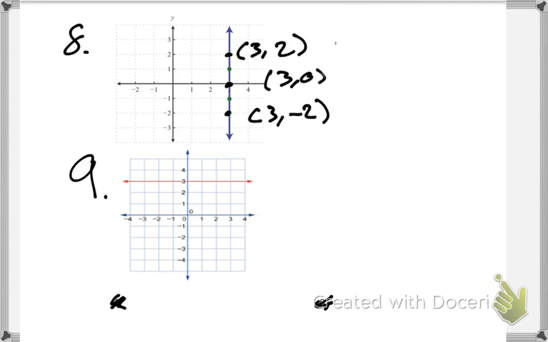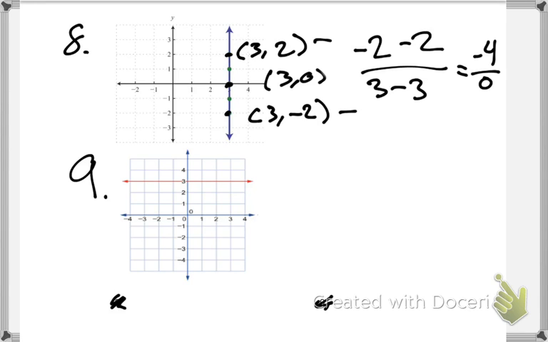But we're going to pretend that we don't know that, and we're going to actually do the math to try and find the equation of our line. So we'll take 3, negative 2, and 3, 2. We're going to start with negative 2 minus 2 all over 3 minus 3, which gives us negative 4 over 0. But again, we can't divide by 0.